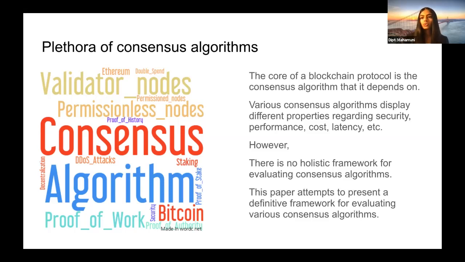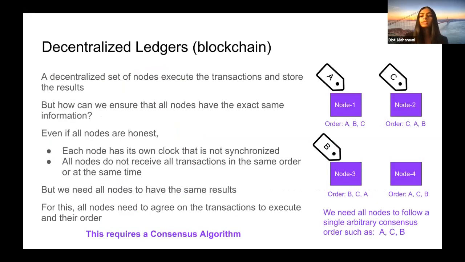Now, before I go into more detail about the paper, let me explain what these consensus algorithms are and why they're needed. So if you take a look at a blockchain or a decentralized ledger, it's all about a set of decentralized nodes executing transactions and storing the results.